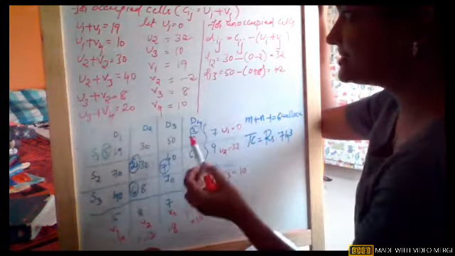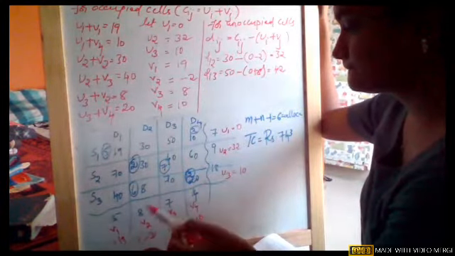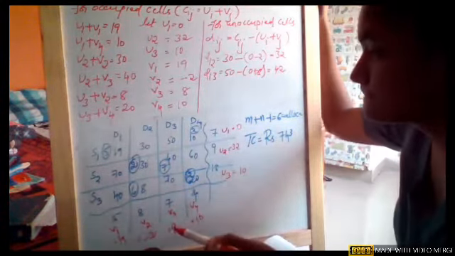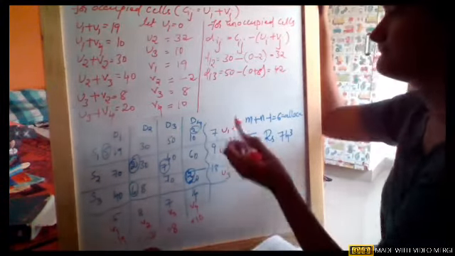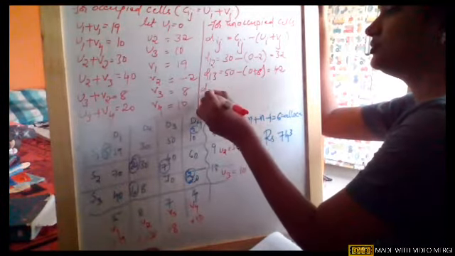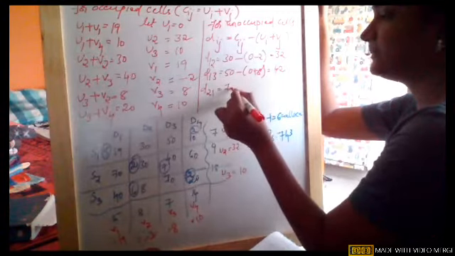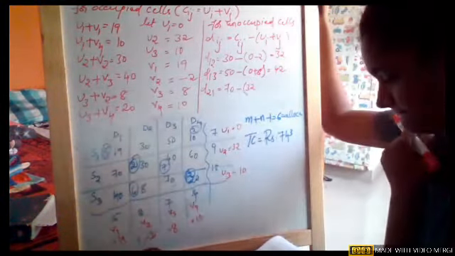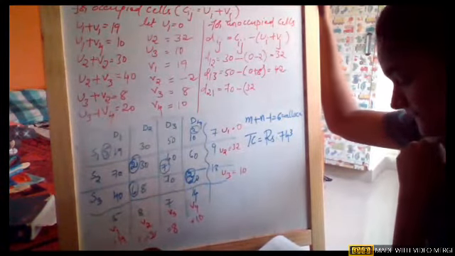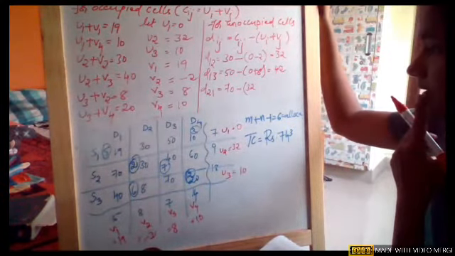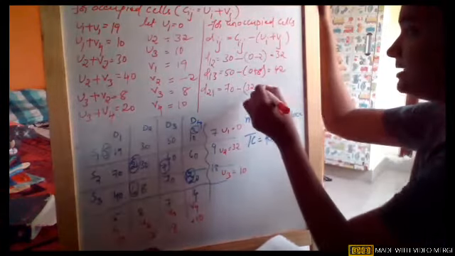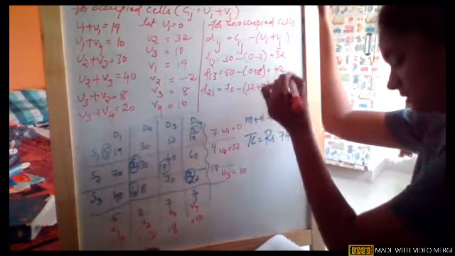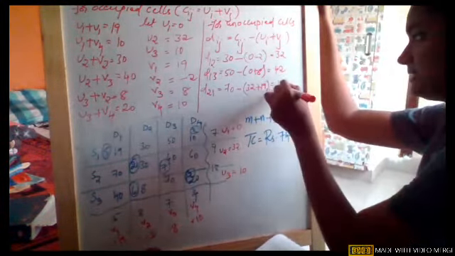The next unoccupied cell is D21. So 70 minus U2 value 32 and V1 value 19. D21 we got to be 19.